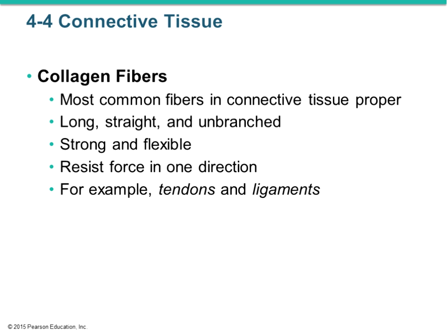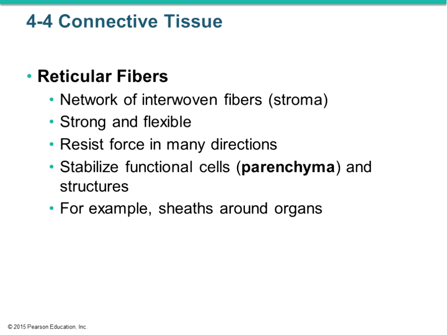Really long, straight, strong, unbranched. It has great strength, but also a little bit of flexibility. And so, for example, tendons and ligaments. Tendons attach muscle to bone, ligaments attach bone to bone. And these are great examples of things containing collagen fibers. So really strong, rope-like material.